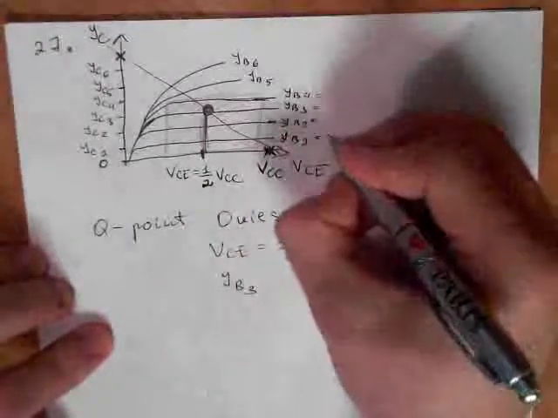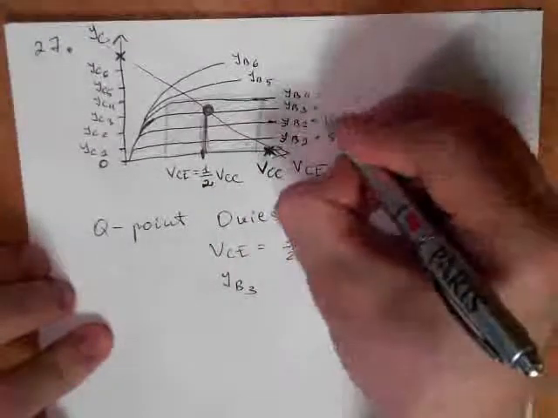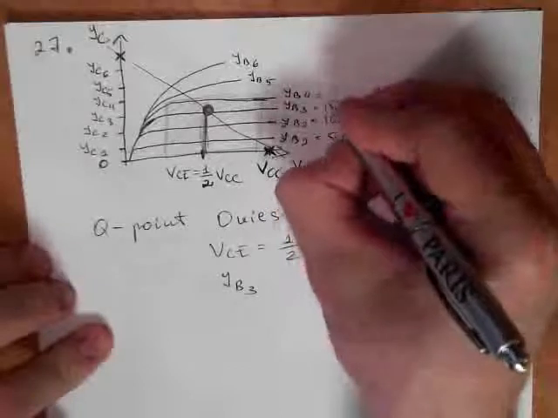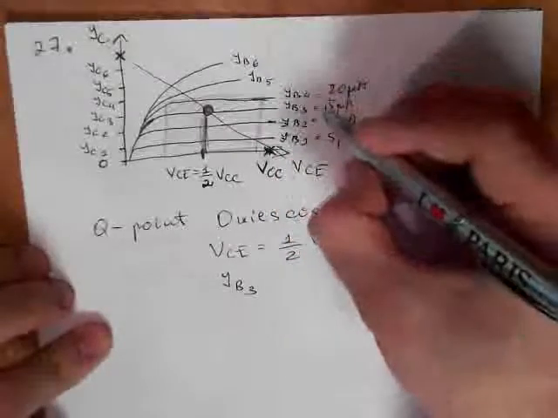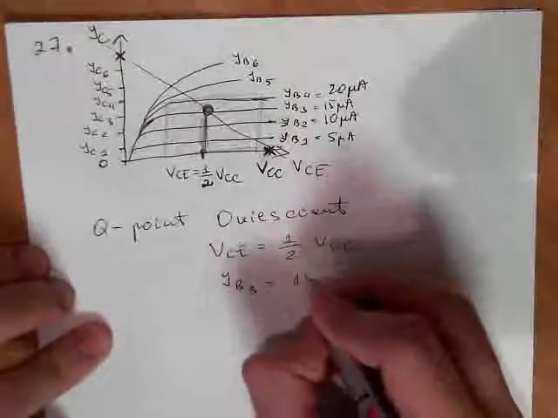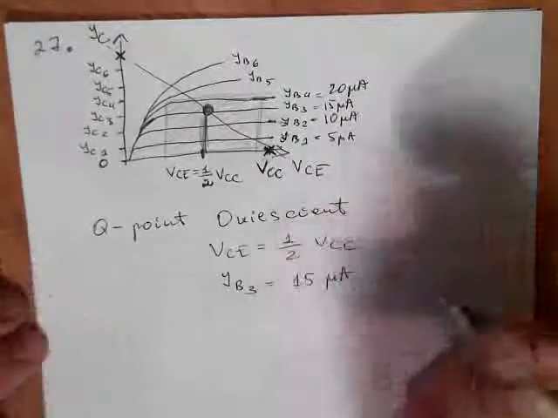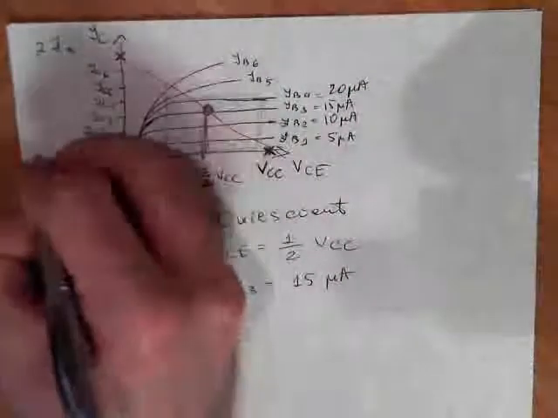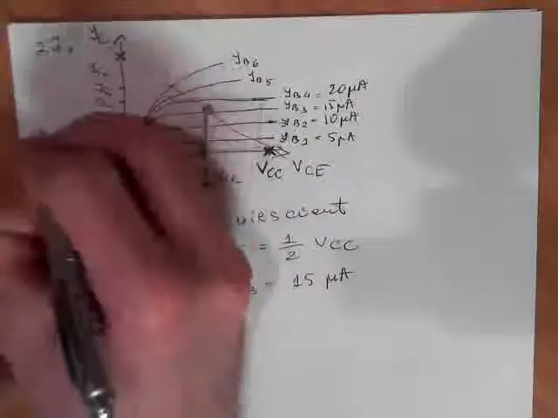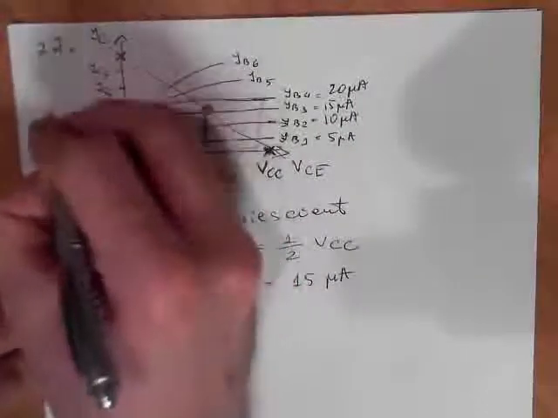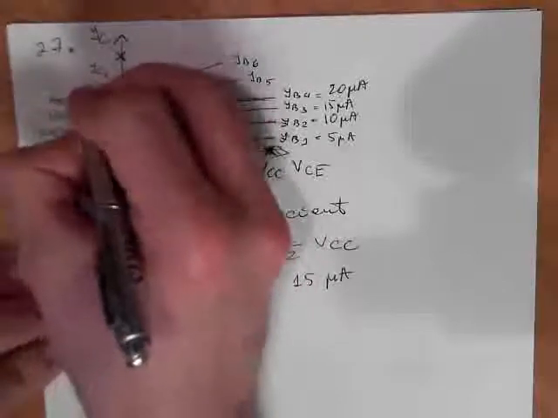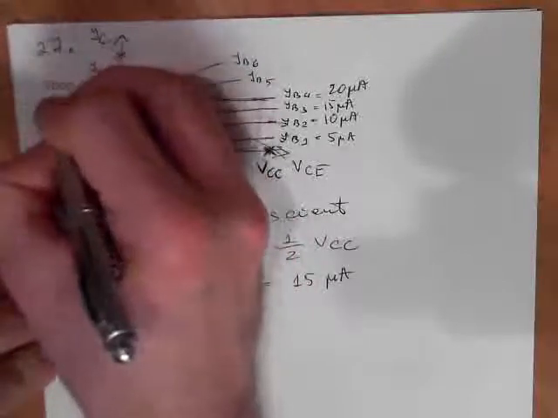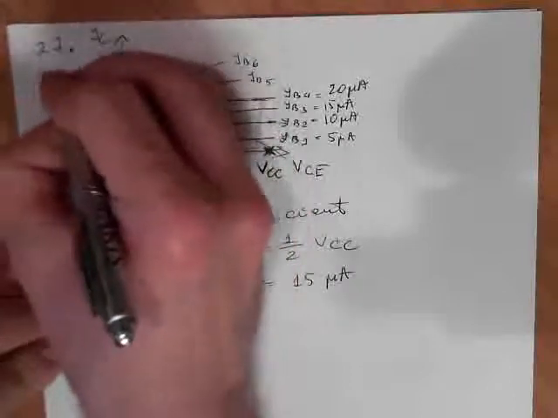And here IB, let's write it 5 microamps, 10 microamps, 15, 20. So here it is IB3, it would be 15 microamps. And let's make it 1000, here 2000, 3000, 4000, 5000, and here 6000.